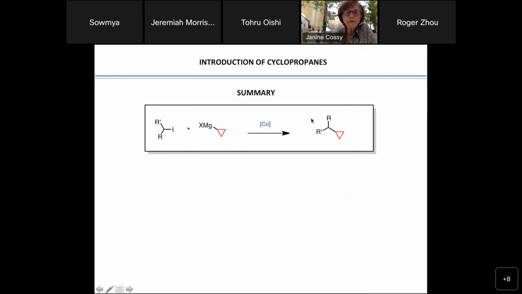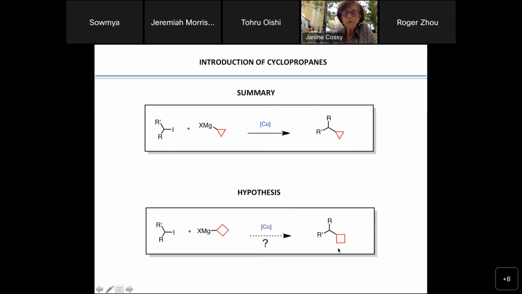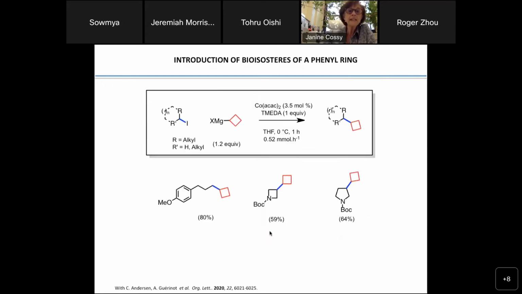Now the question is: is it possible to get the formation of substituted cyclobutane from an iodide and a cyclobutyl Grignard in the presence of a cobalt catalyst? And the answer is yes. You can use different alkyl iodides in here in the presence of this cyclobutyl Grignard, cobalt catalyst, TMEDA and THF at 0 degrees, and you can get the formation of the coupling product.